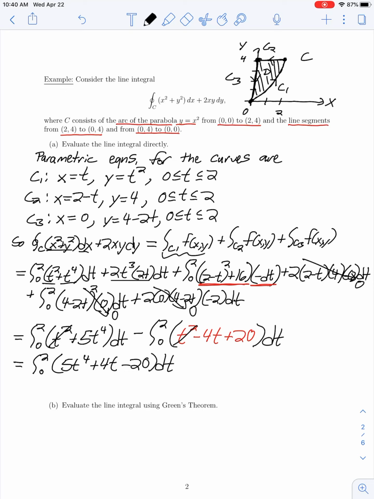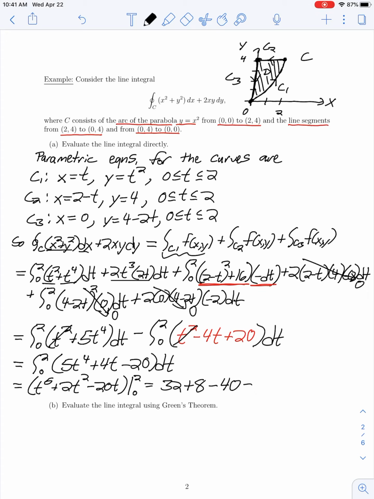And now let's find our antiderivative. So here we would have t to the fifth plus 2t squared minus 20t. We're evaluating from 0 to 2. So plugging in 2 for t, we have 32 plus 8 minus 2 times 20, which is 40.